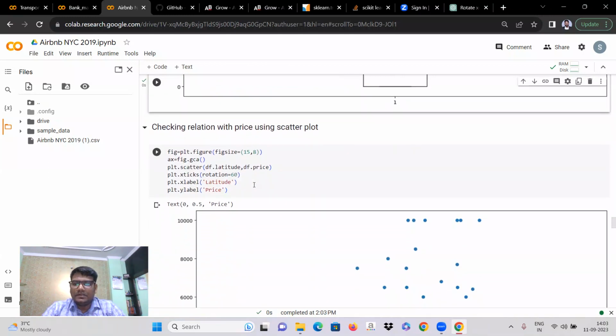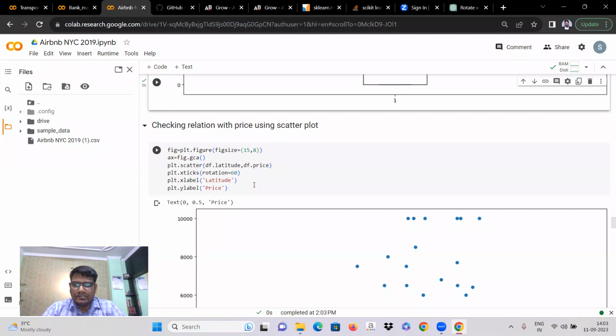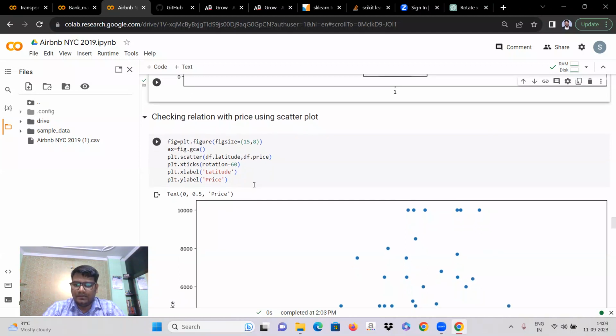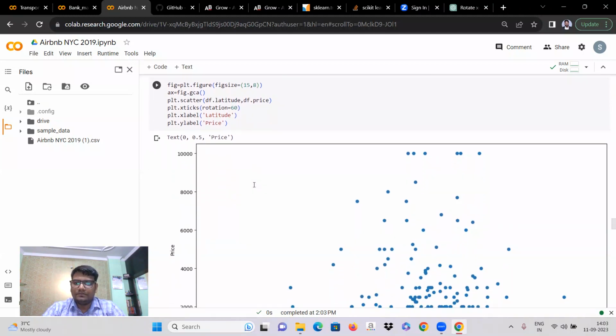So here we'll be using the scatter plot to check a relation with the price.